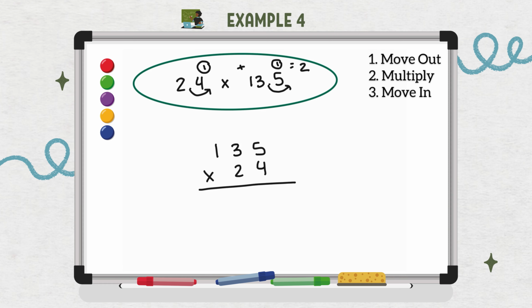Now, I'm going to multiply in silence. First, we're going to take 135 times 4. Now, I'm going to mark out everything I use, including the 1's place. Next, we're going to take 135 times 2. Now I'm going to merge our answers together.